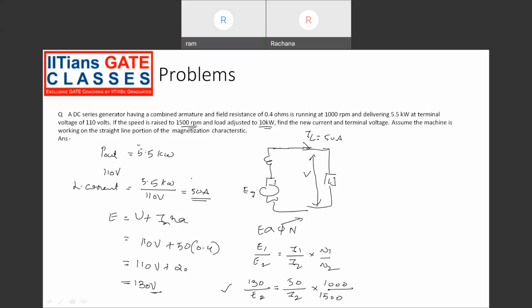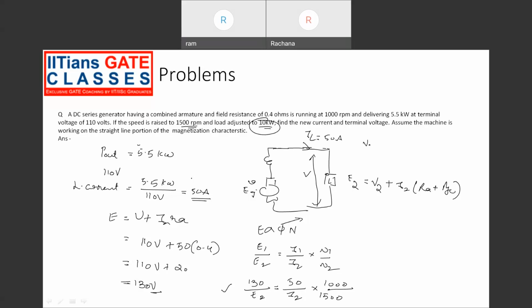We can also write E2 equal to the terminal voltage V2, because the speed is changed so the voltage will also change, plus I2 into armature resistance plus series field resistance. Here he is saying that the load is adjusted to 10 kilowatt in the second case, so the output power is 10 kilowatt.